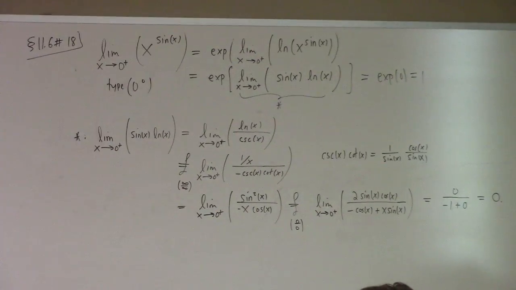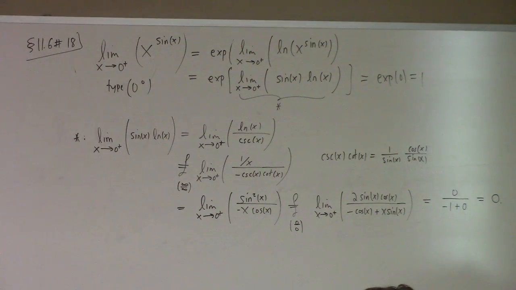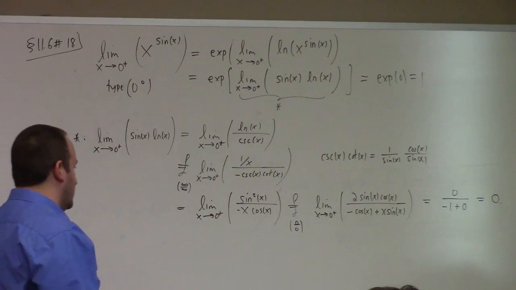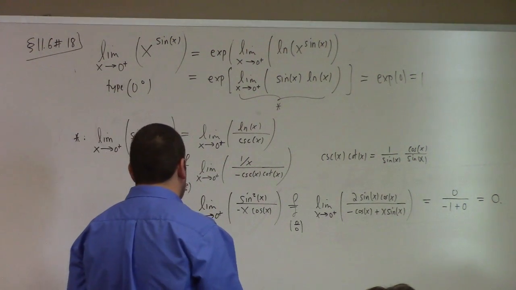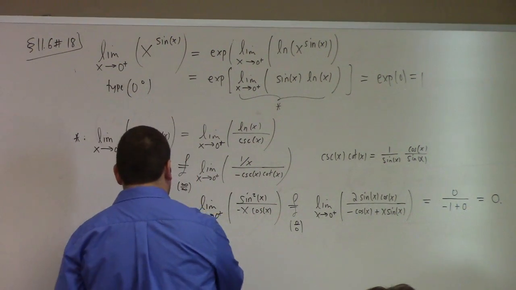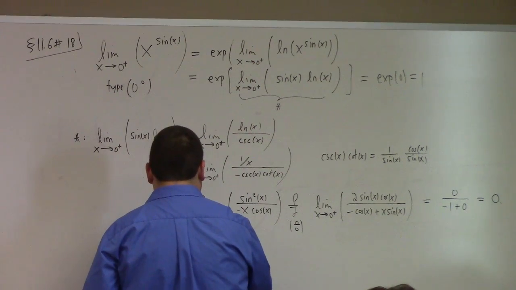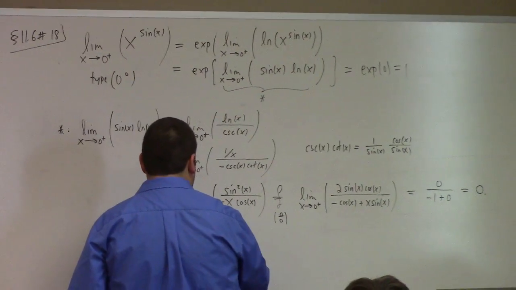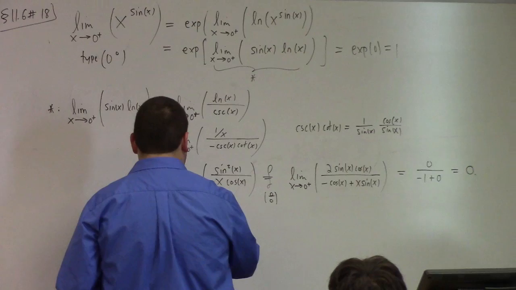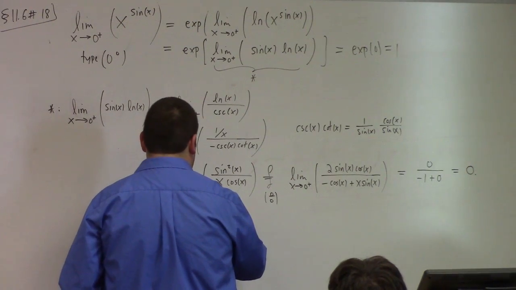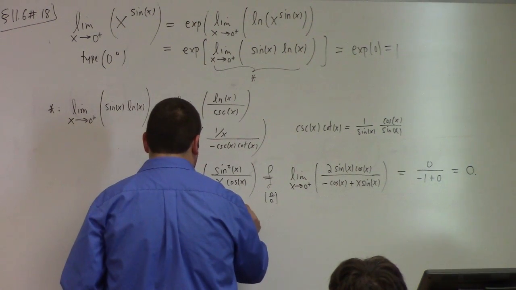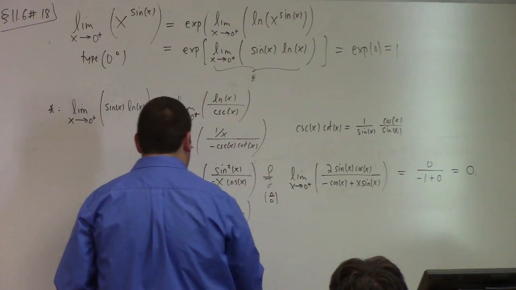Instead of doing all that trick stuff on the side, you could just put cosecant and cotangent in the numerator, and flip it so it would be like sine x tangent x, and then take the derivative of both. Oh yeah, I like that. So you're saying look at it as the limit as x goes to 0 from the right of tangent x over sine x, like that. Absolutely, that would have been smart.